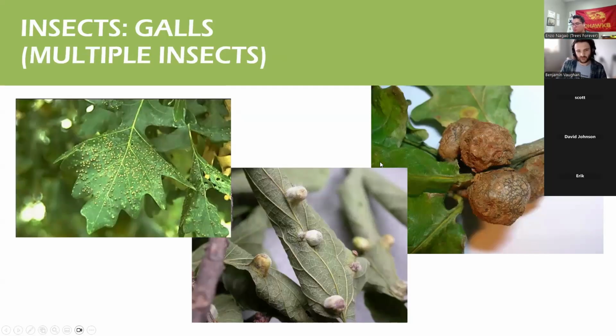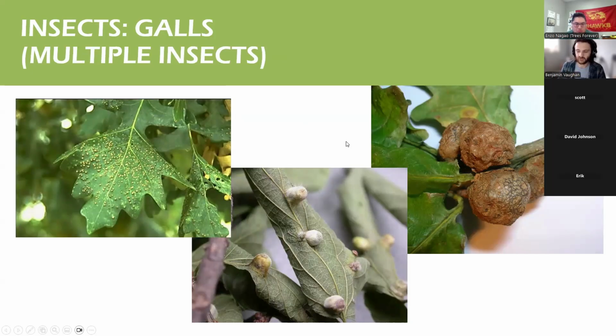Oak gall, so this is more just an interesting one than one to be threatened by, and this is also a lot of times completely native varieties of wasps or other insects. But it is interesting how it works. When you see this, you would think a bug laid an egg here or something. But this whole capsule is actually made by the oak tree in these cases. A lot of times they're called oak apples, especially if they're big ones like this.